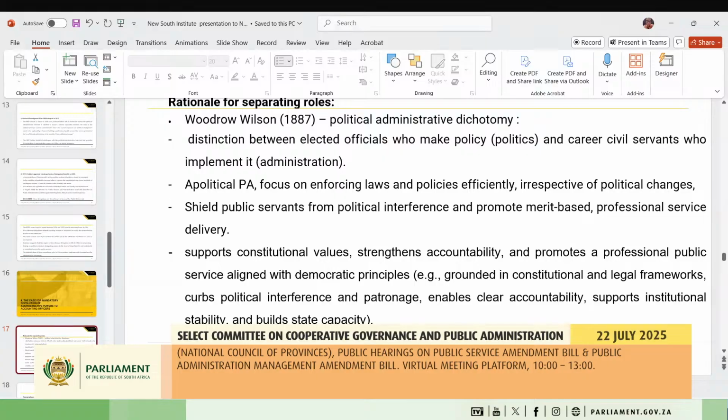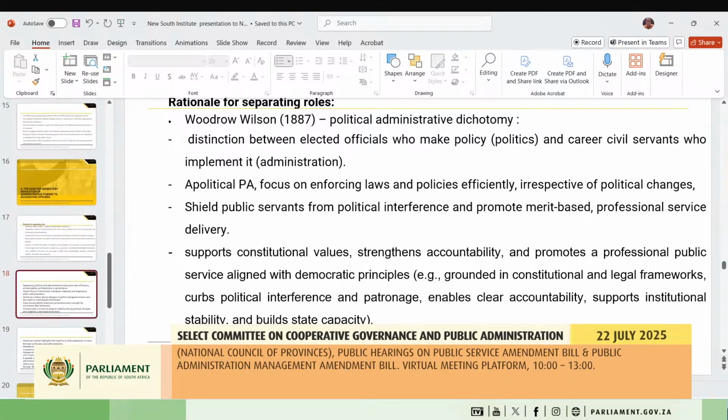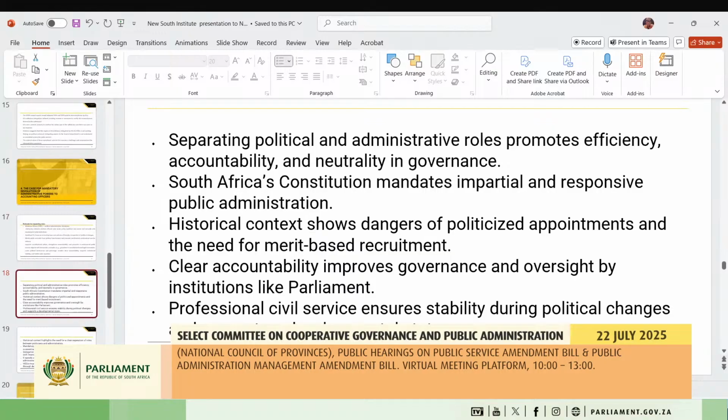And also, it's important to shield public servants from political interference, and promotion of merit-based recruitment and processes in the public service supports constitutional values, strengthens accountability, and promotes service aligned with democratic principles. And we mentioned those principles. I think honorable members know them very well, so I don't need to touch base on them now.